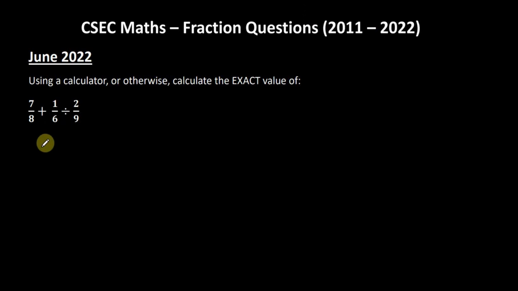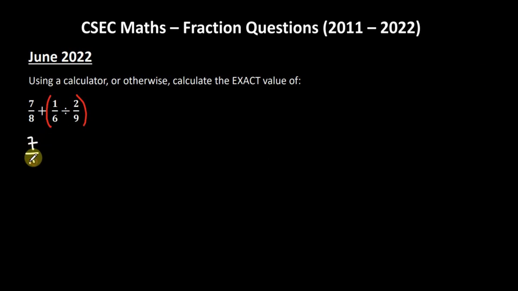And now we're looking at our final question, guys. The question that was given on the June 2022 paper, and the most recent paper at the time this video was actually created. Now, we have to observe the order of operations here, and we are required to divide before we can add. And that's how we are going to go about this one here.